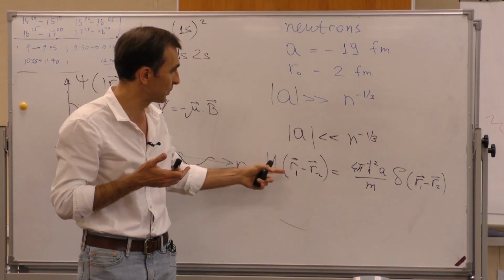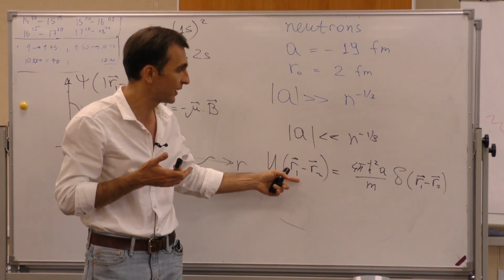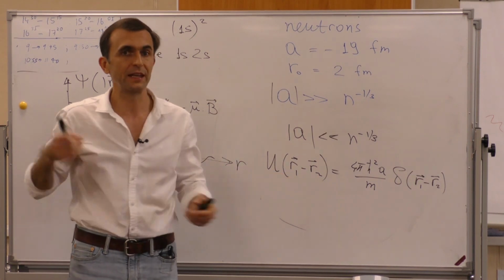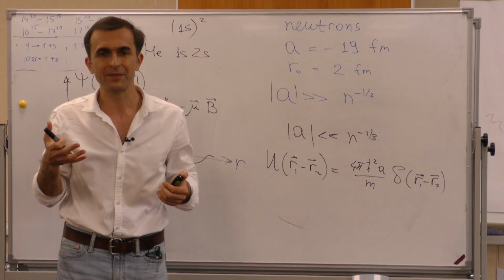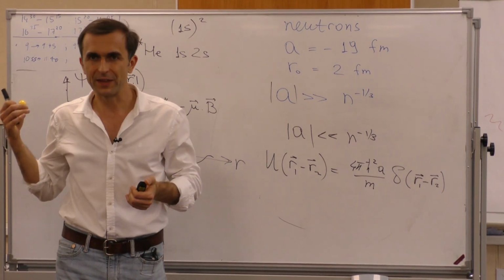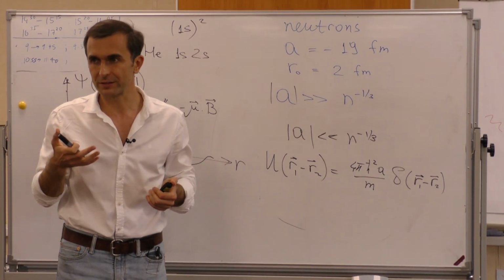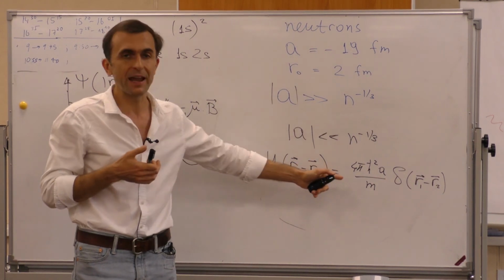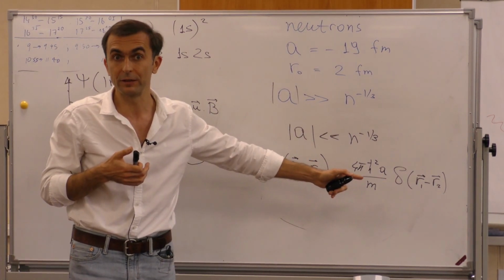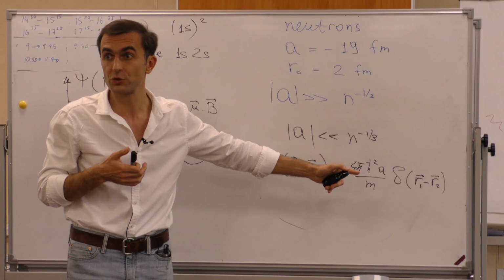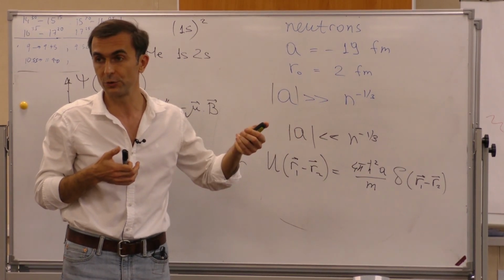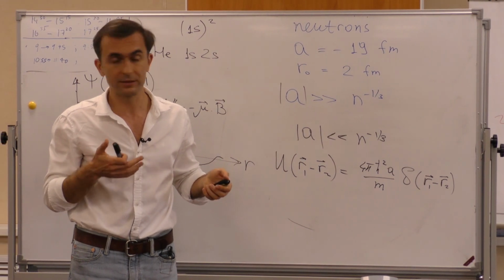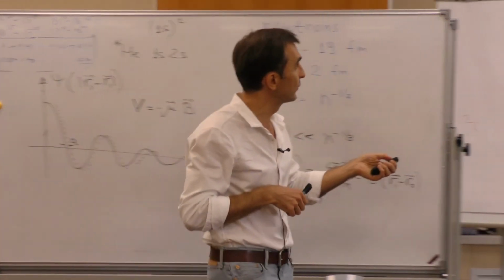The problem of this potential is that it can scatter particles with infinite momentum. Any real scatterer is transparent for infinite momentum particles. Delta functions scatter even particles with infinite momentum. So there should be some way to get rid of infinite momenta. One way is to introduce the cutoff at the Debye frequency, which gives you the Debye frequency coefficient here.